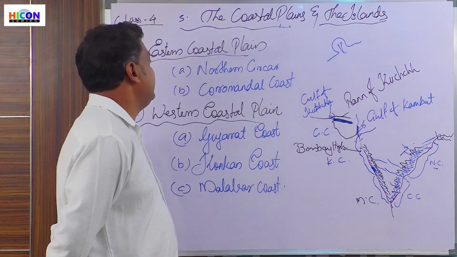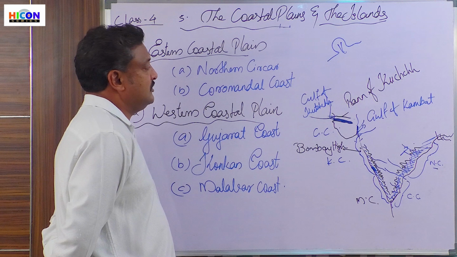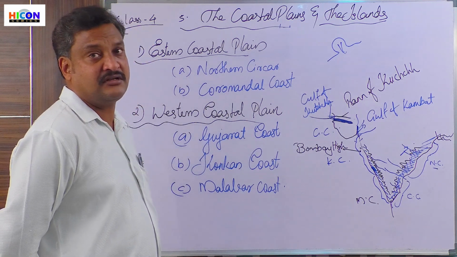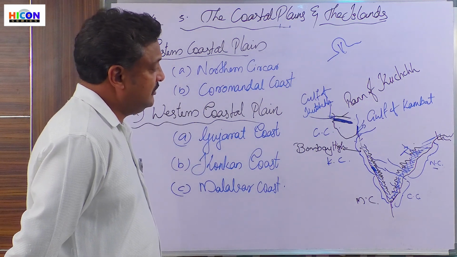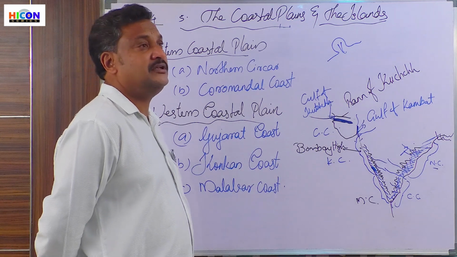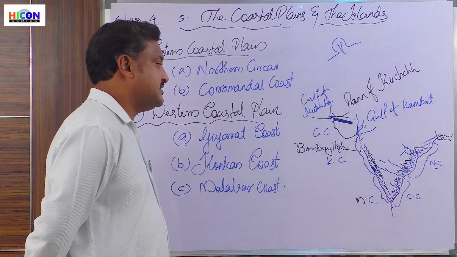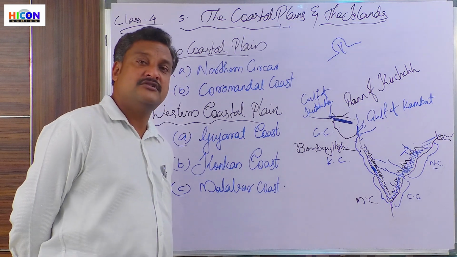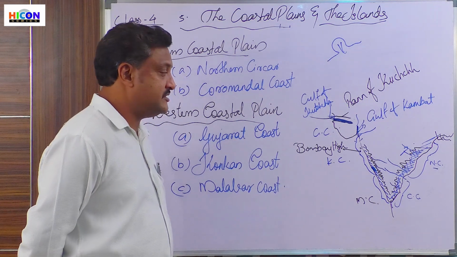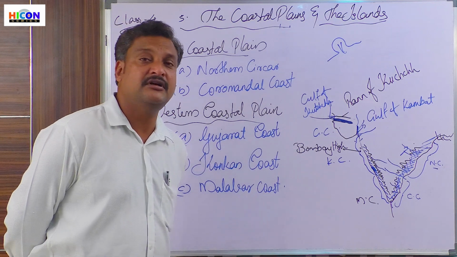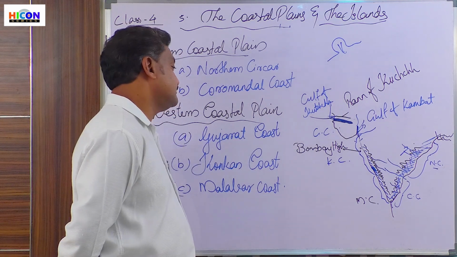The eastern coastal plain is again divided into the Northern Sircar and the Coromandel Coast. Northern Sircar is the northernmost part of the eastern coastal plain, which starts just at the edge of the Sundarban Delta and extends up to the Krishna River, or up to Machilipatnam.